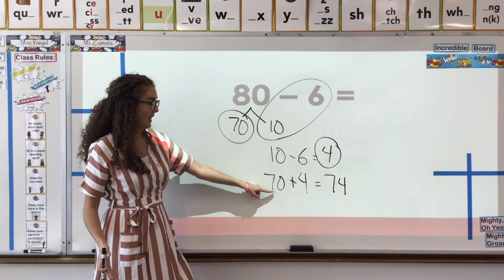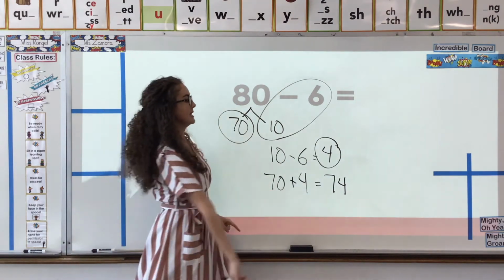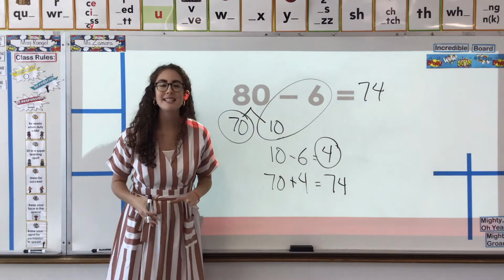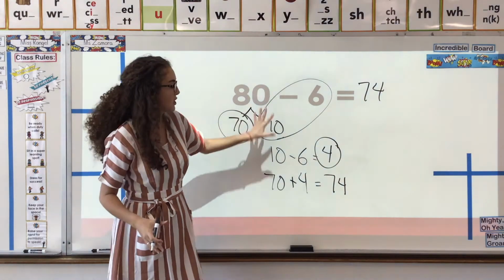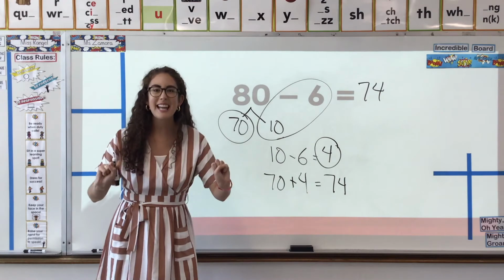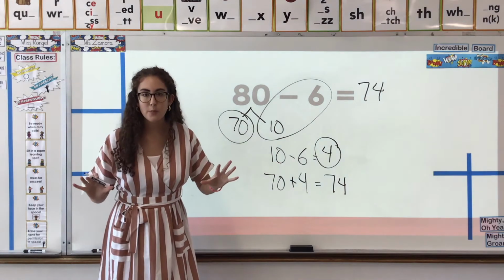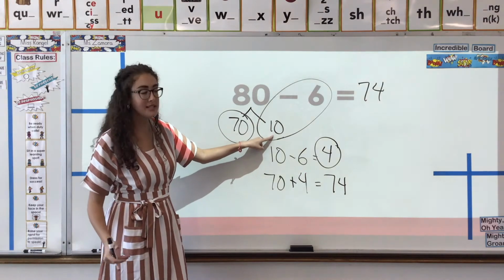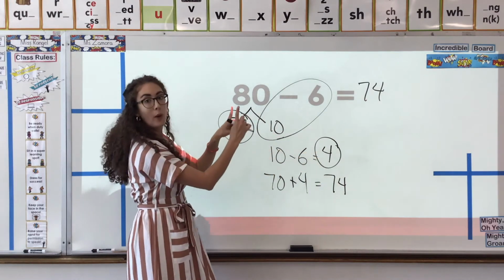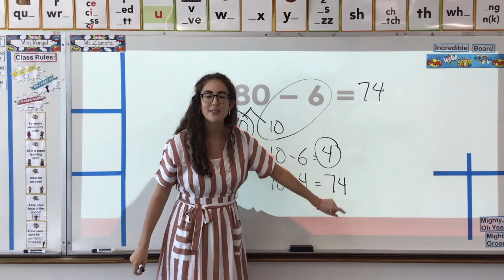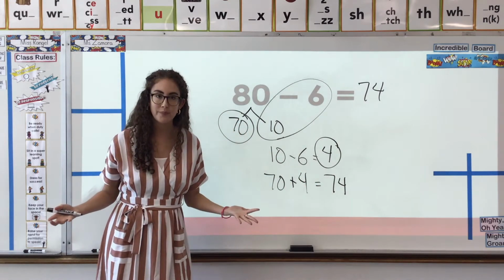And guess what? 70 plus 4 is the same as 80 minus 6. And we just proved that by breaking it down into simpler equations. So, Super Scholars, by taking out this 10 and adding what is left in our problem, we were able to find our answer of 74.